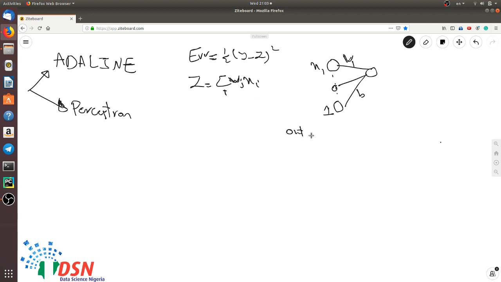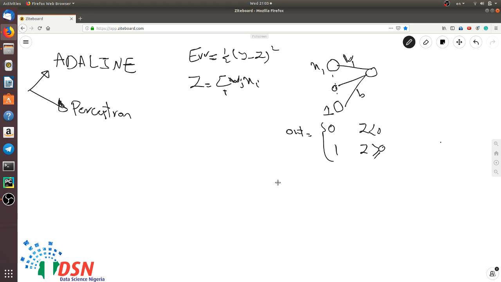So the output of the network is 0 if z is less than 0, and it is 1 if z is greater than or equal to 0. Okay, so the question is how to learn these weights.